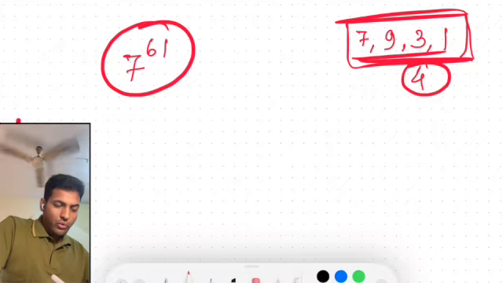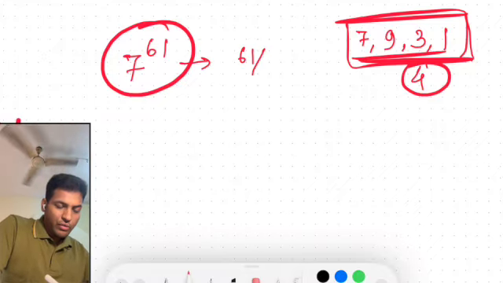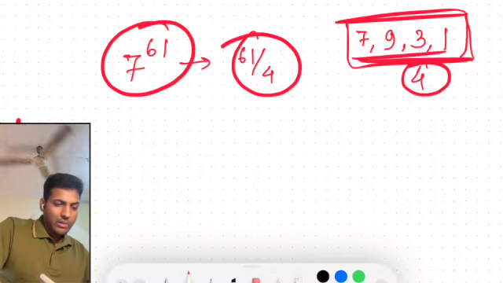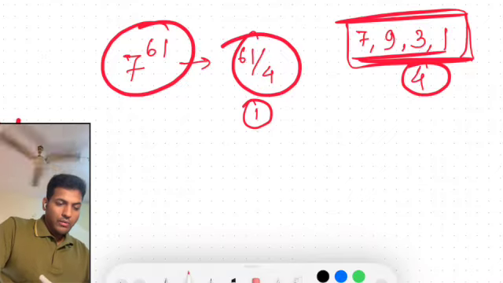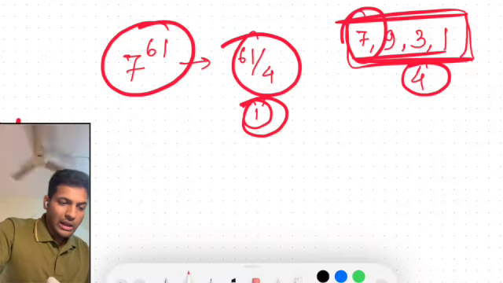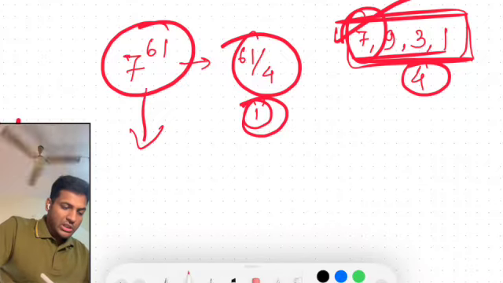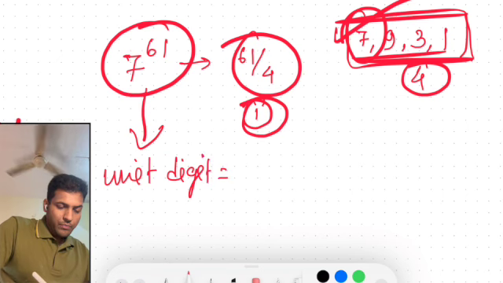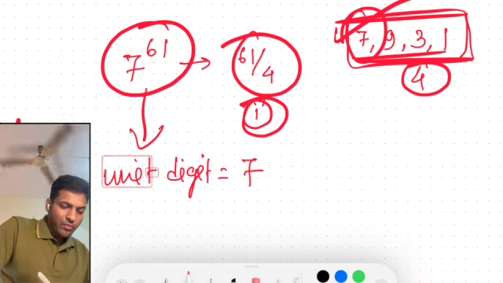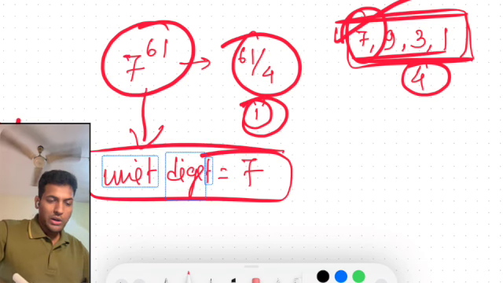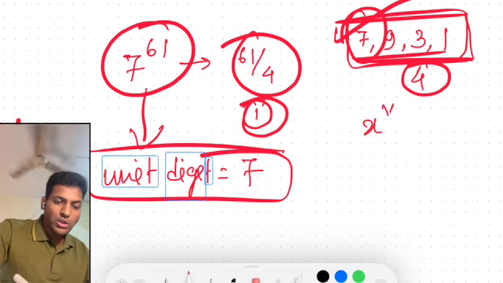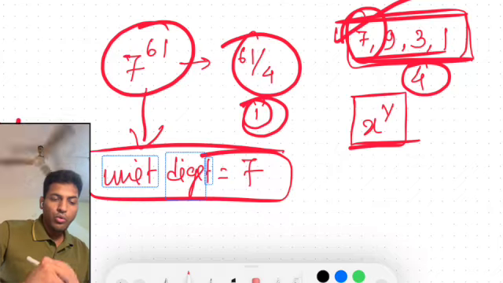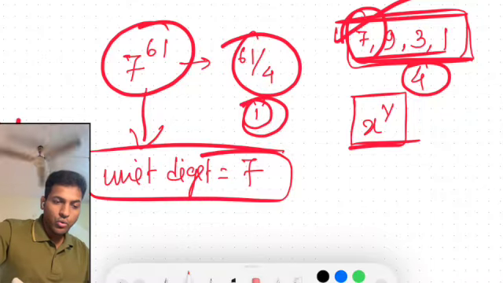So again you will divide the power 61 by 4. You will get the remainder 1. Now if the remainder is 1, this will be the answer. That means the unit digit is 7 itself. Now I have explained for any kind of x to the power y how you find the unit digit.